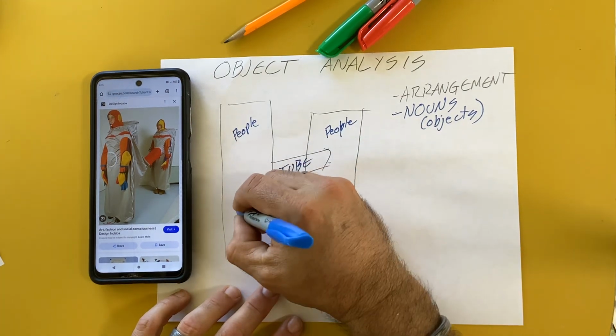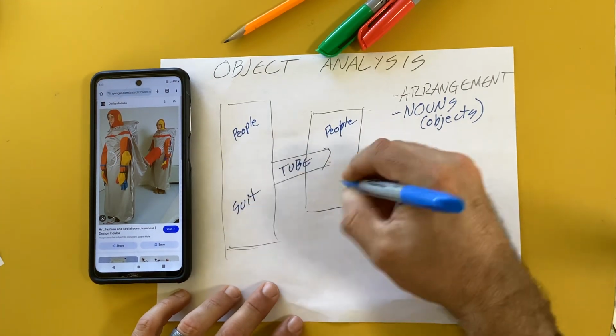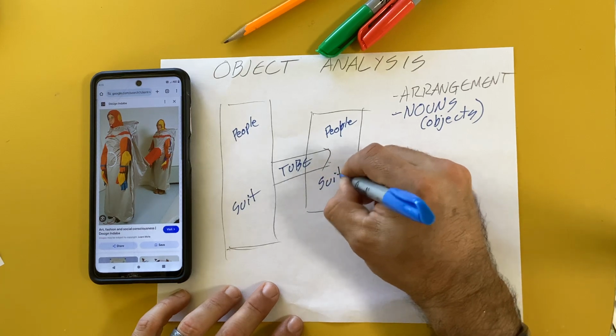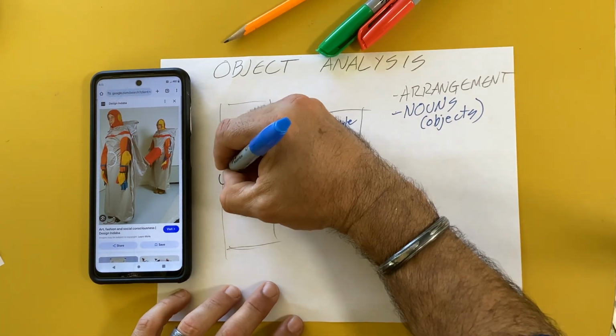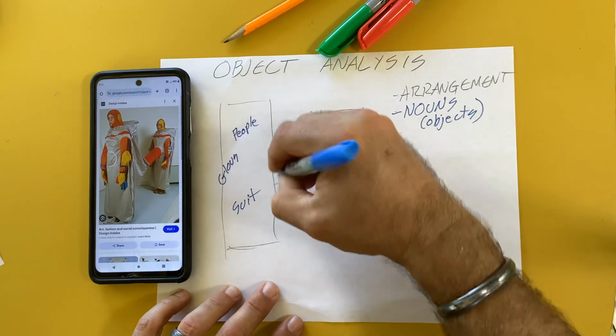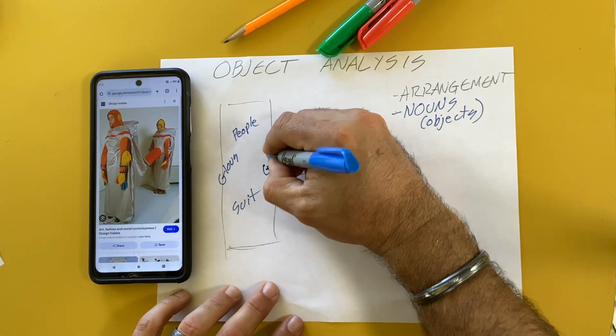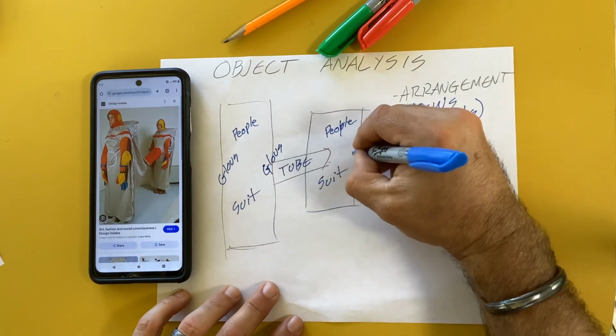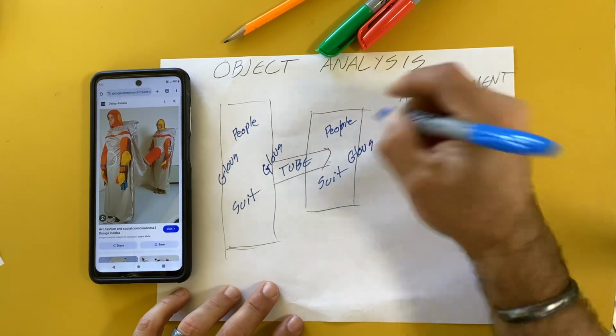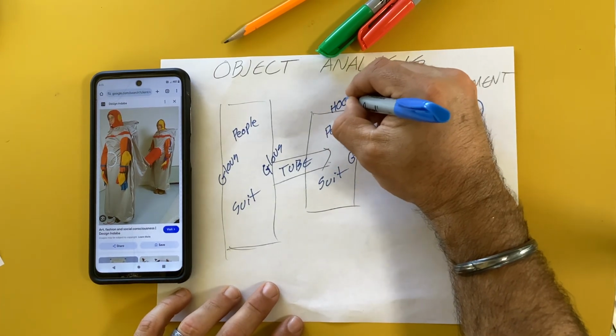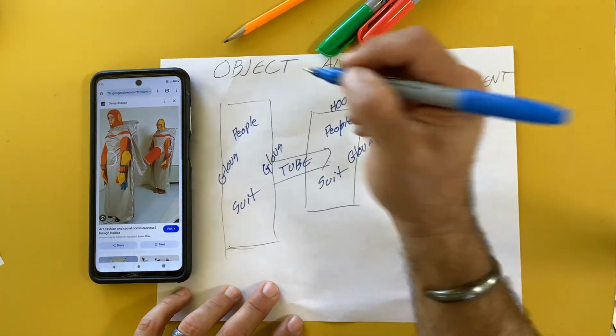There's a suit. There's another suit. There's gloves. There's a hood. It's important to write all these things down.